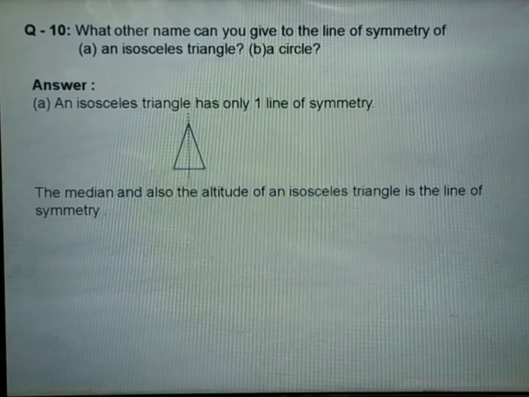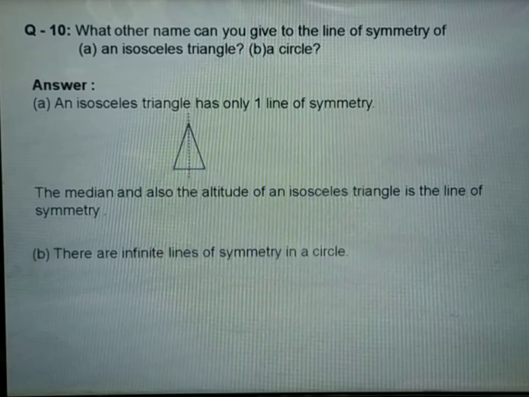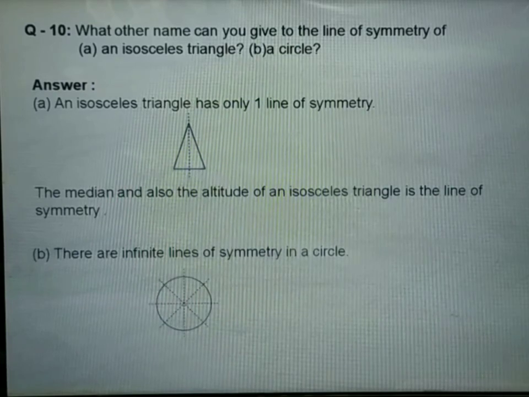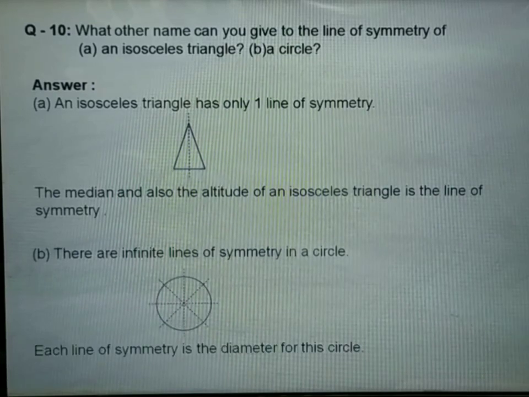The median and also altitude of an isosceles triangle is the line of symmetry. B. There are infinite lines of symmetry in a circle. Each line of symmetry is a diameter of this circle.